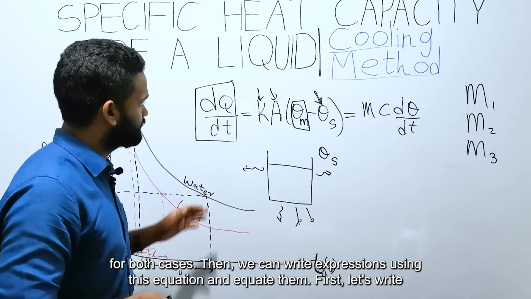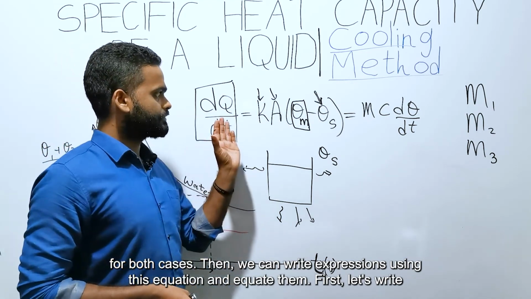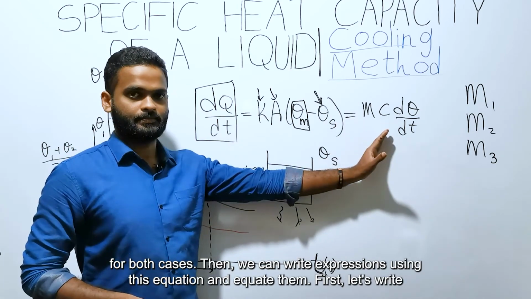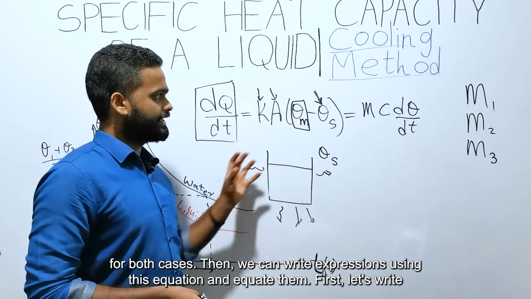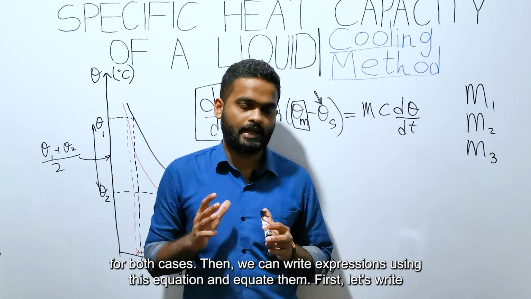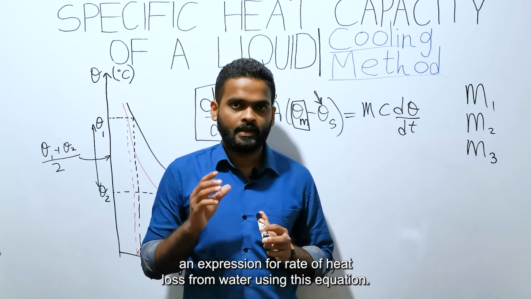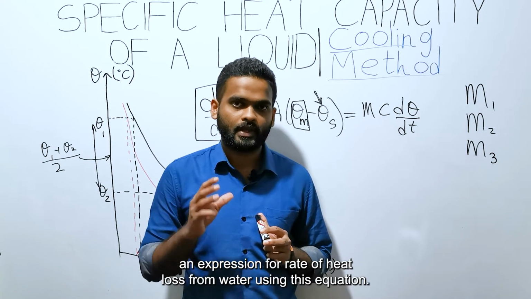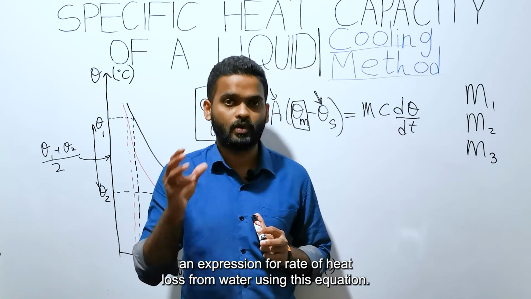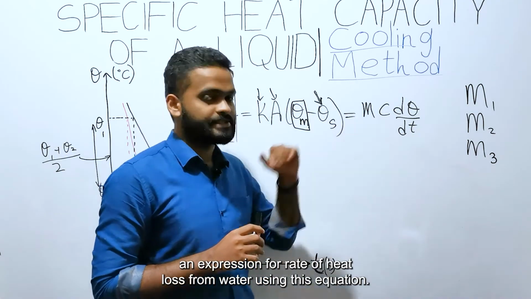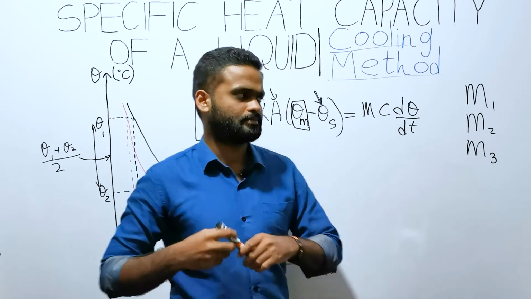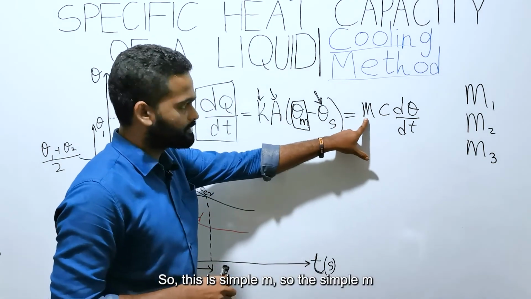Then we can write expressions using this equation and equate them. First, let's write an expression for rate of heat loss from water using this equation. So this is simple m.